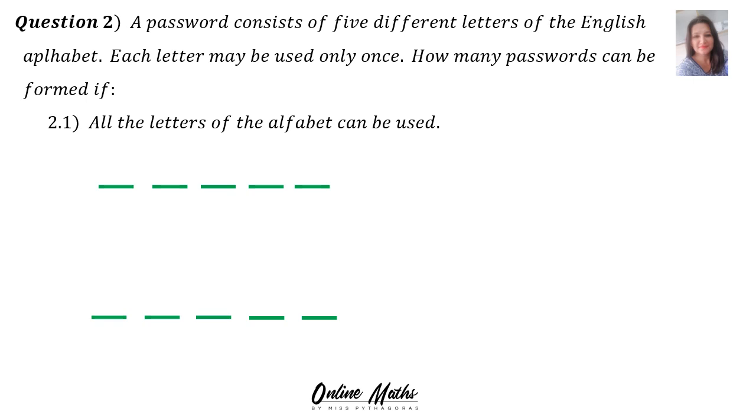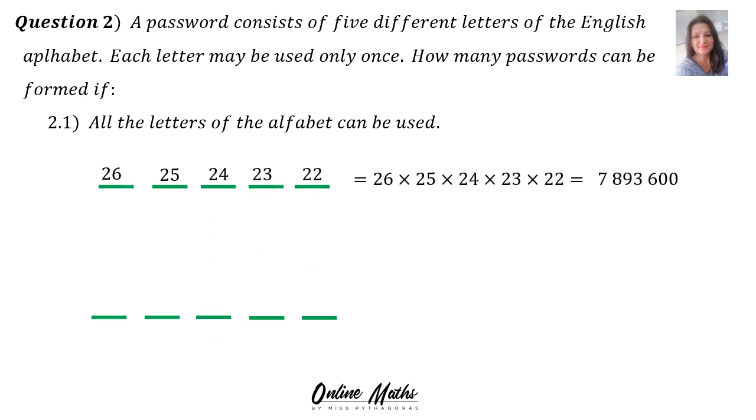And each letter may be used only once. In other words, there's no repetition. Therefore, in the first space, you have a possibility of 26 letters. And then no repetition is allowed. Therefore, in the second space, 25, 24, 23, 22. You times all of that together and your answer is 7,893,600.